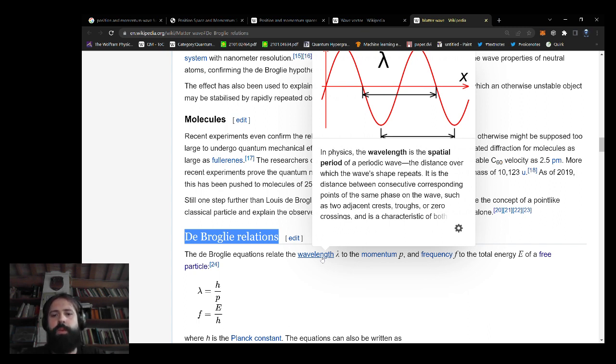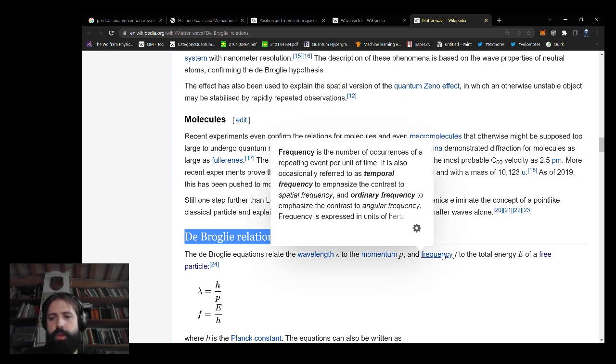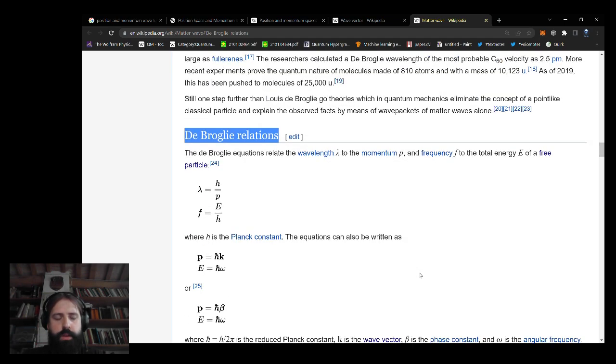This means probably the smaller the wavelength, the higher the momentum. And the frequency is then related to energy. That is also very interesting because the temporal frequency defines how much energy the particle has.